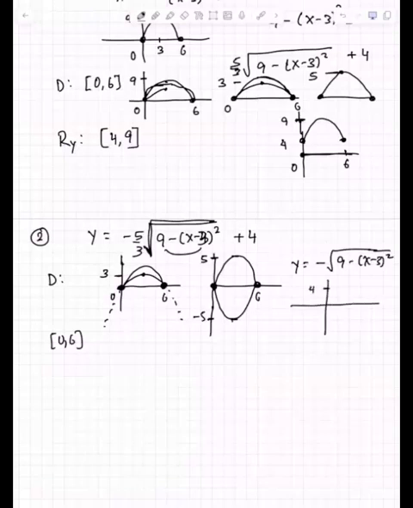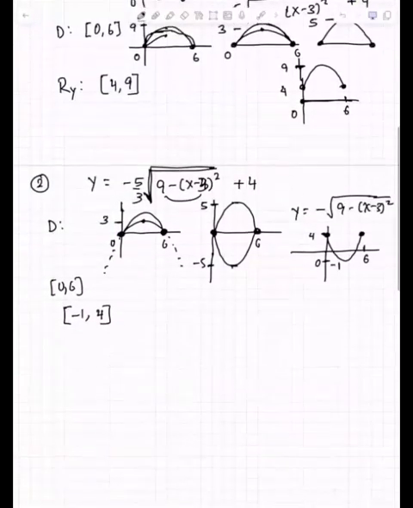The x's are still zeros, right? And this is at negative 1. From negative 5, bump it by 4 to negative 1. So the range is from negative 1 to where this bumps up to, which is 4.